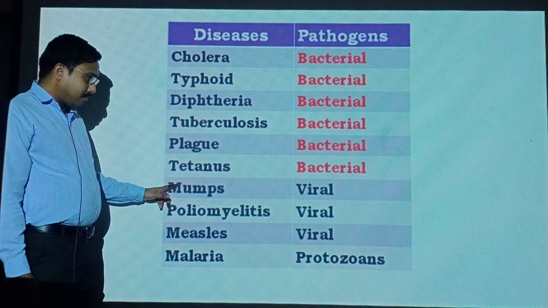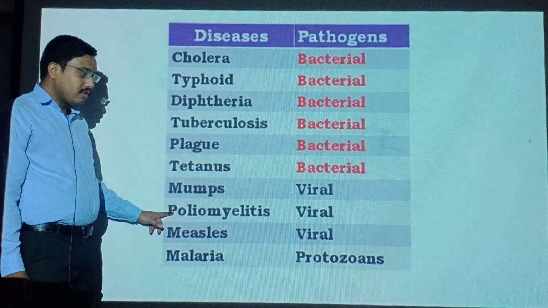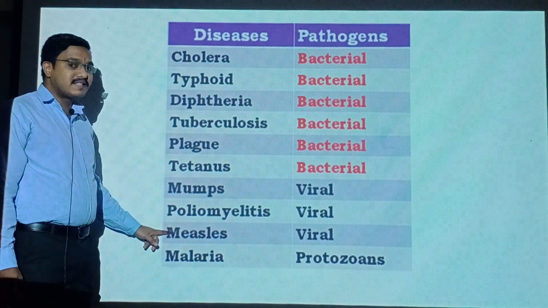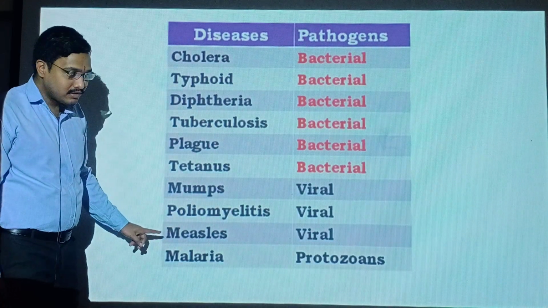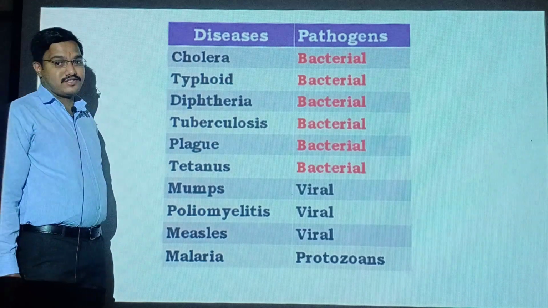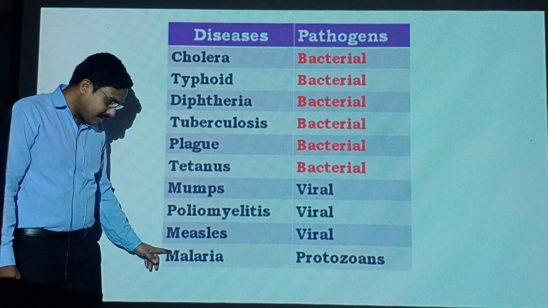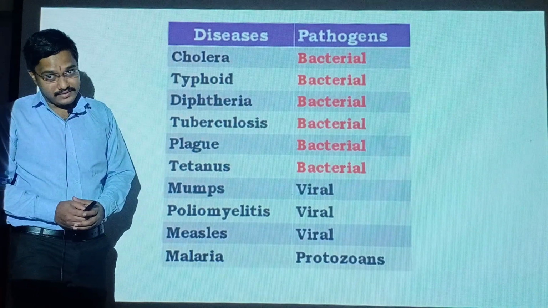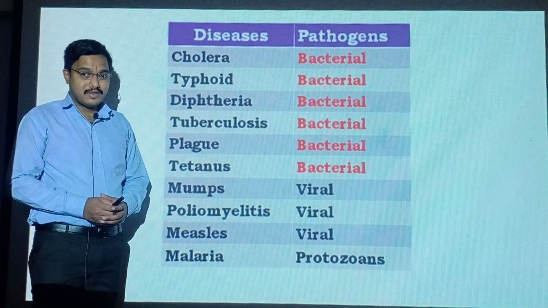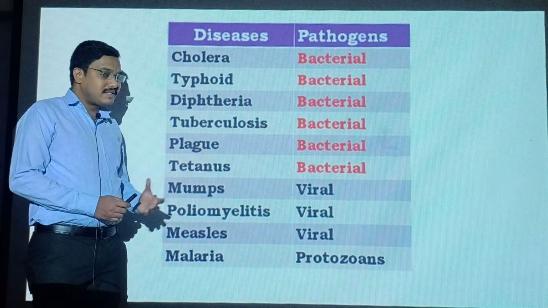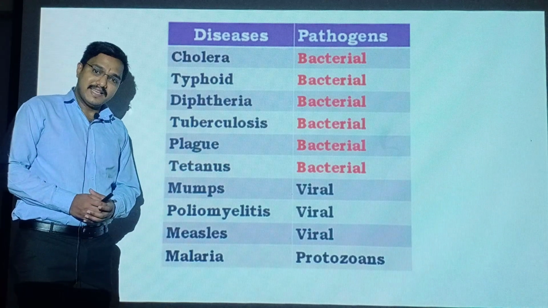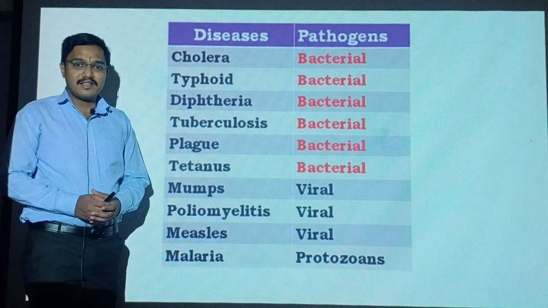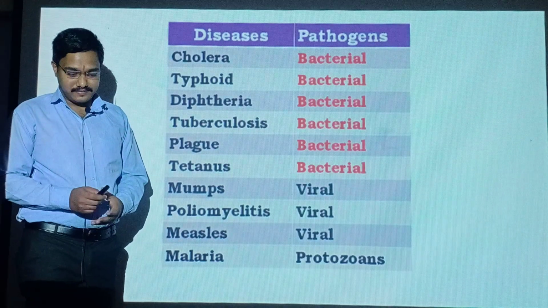Mumps, poliomyelitis, measles are viral diseases. Then malaria is a protozoan disease. With this list, now very easily you can select the right answer.